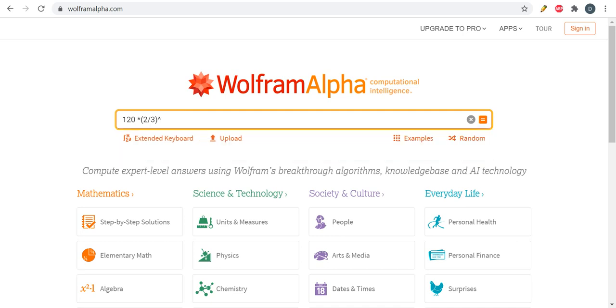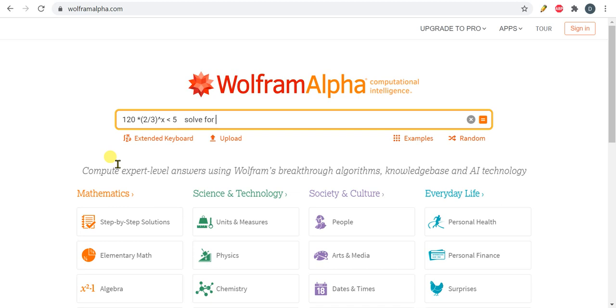So we'll do to the power of, which is that symbol there. So shift, for me it's shift and 6 to get that up arrow, x amount of times it's going to be multiplied by 2 to the power of 3. And we're going to make that less than 5 and see how many times that will take.